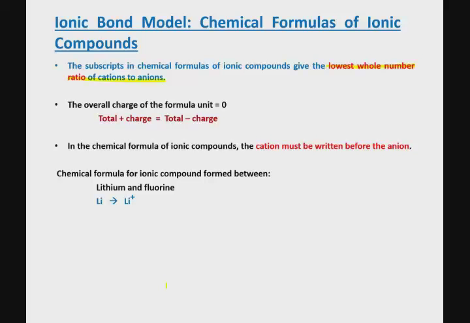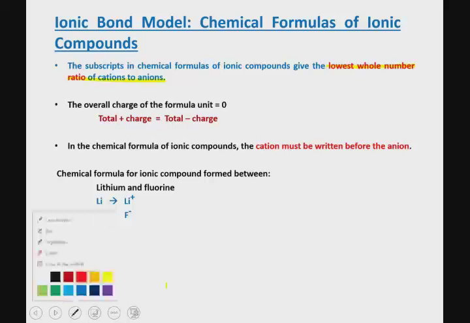So because it's a metal and in group 1A, when lithium donates an electron, the valence electron, it makes a lithium +1 cation. Fluorine is in group 7A, and since it's non-metallic, it gains an additional electron in its valence shell and makes a fluorine -1 anion.